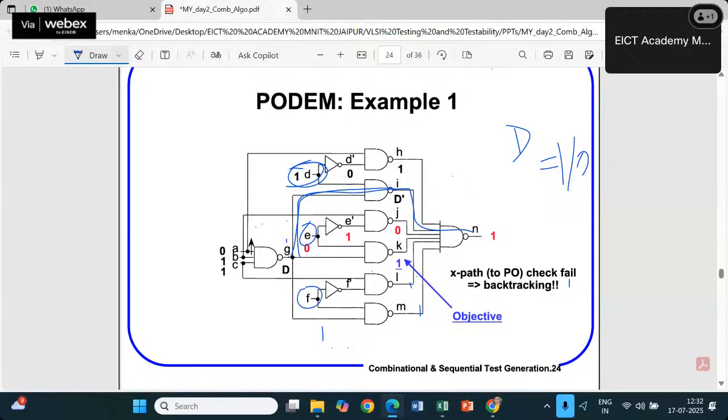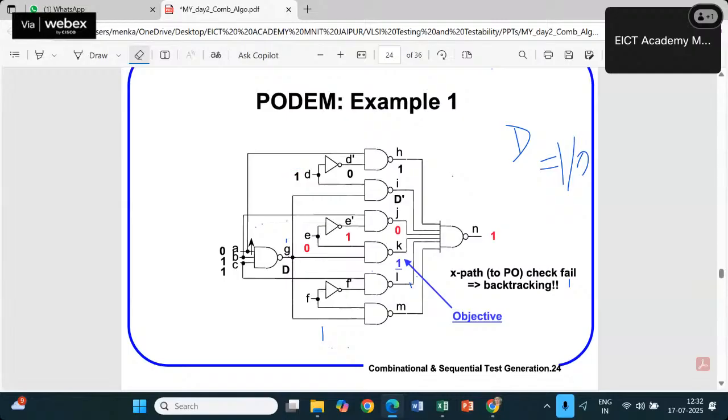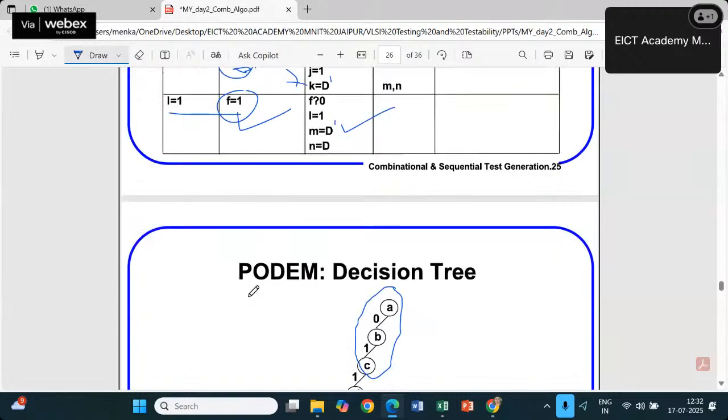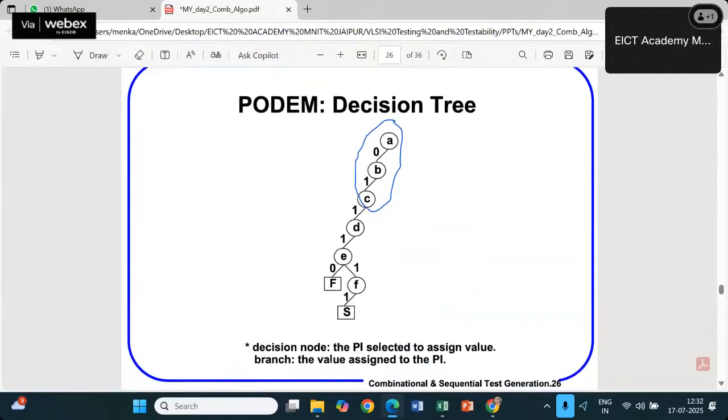In this particular case, we started with I, but the same thing can be started with M or K. In that case, you will get that this D can be 0 also. So the final result becomes 0, 1, 1, X, 1, 1. That is your final test pattern, and that's how the decision for this PODEM algorithm is going to happen.